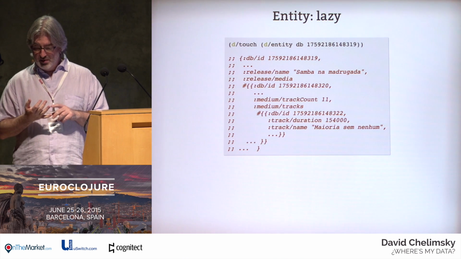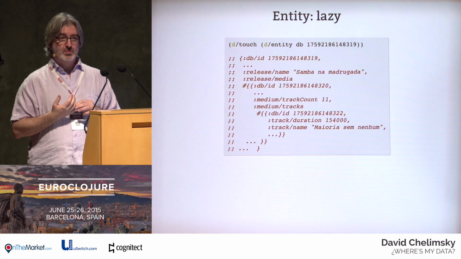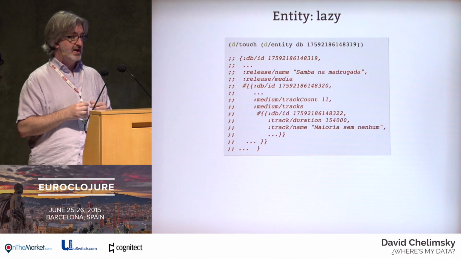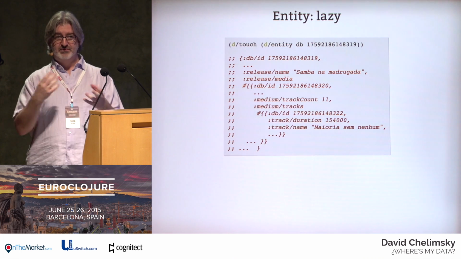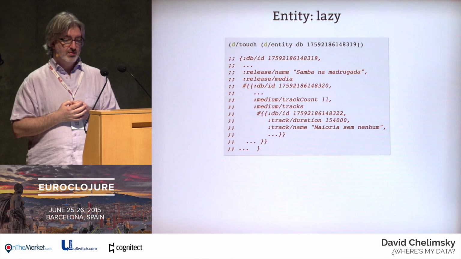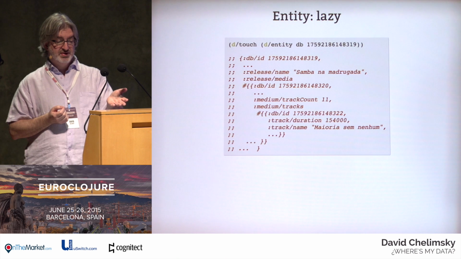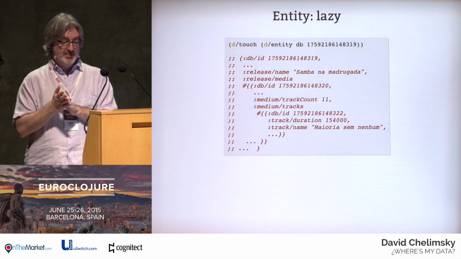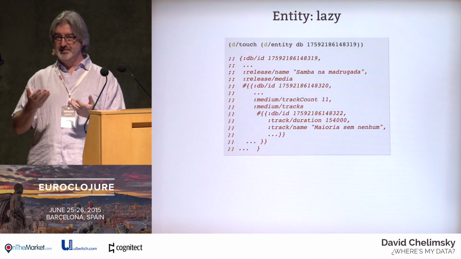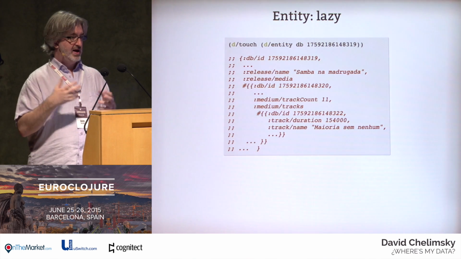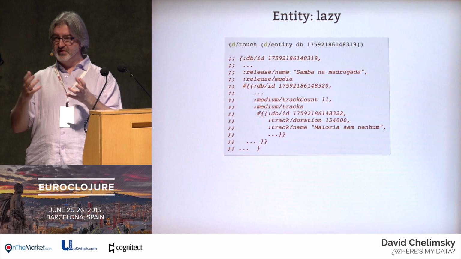So one of the things you can do with attributes is you can declare that this attribute is a component of its entity. So, for example, here is a release, Samba na Madrugada, and this release has various media. It was released possibly on tape, on vinyl.